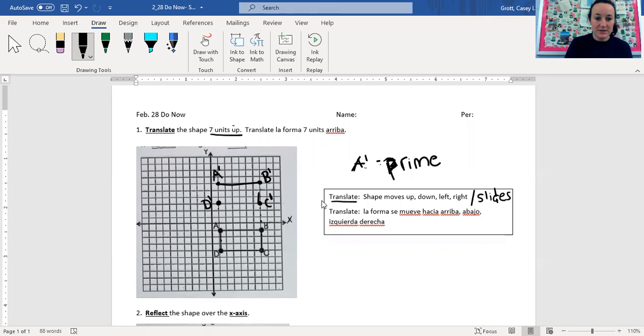We connect our points. Okay, and we're done. So translate, that's when we're going to move our shape up, down, left, or right. Okay, so translate, moving up, down, left, or right.